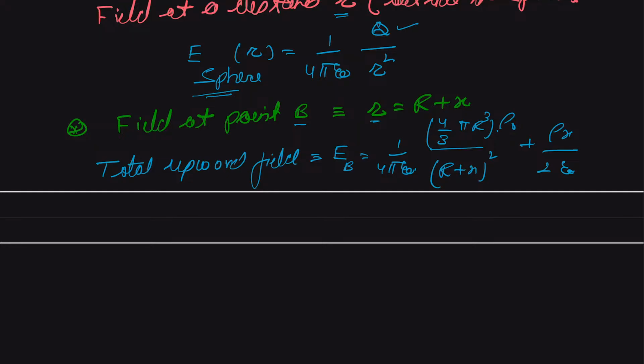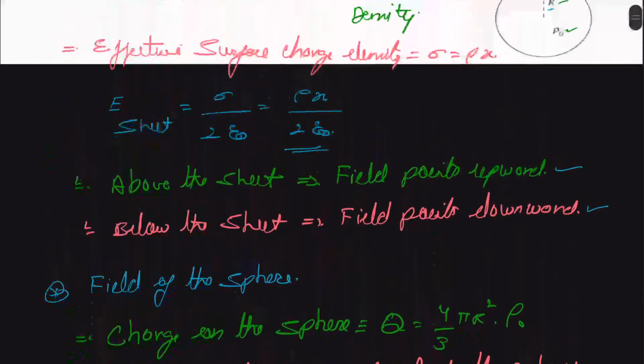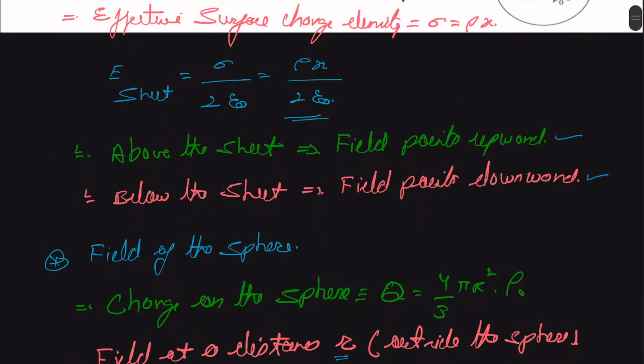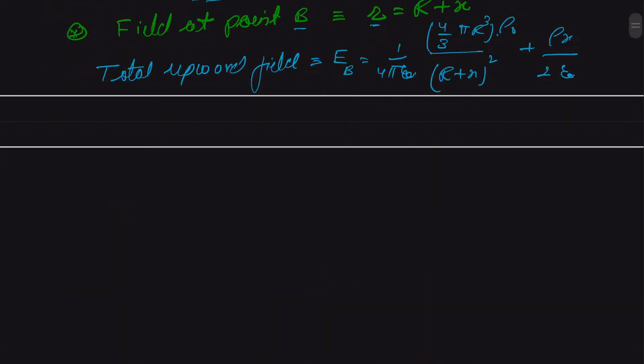So it will be just addition, okay, because this electric field due to the sphere is also in the upward direction, and the field above the sheet, which is nothing but our point B, is also in the upward direction. Okay, so both are going to algebraically add.